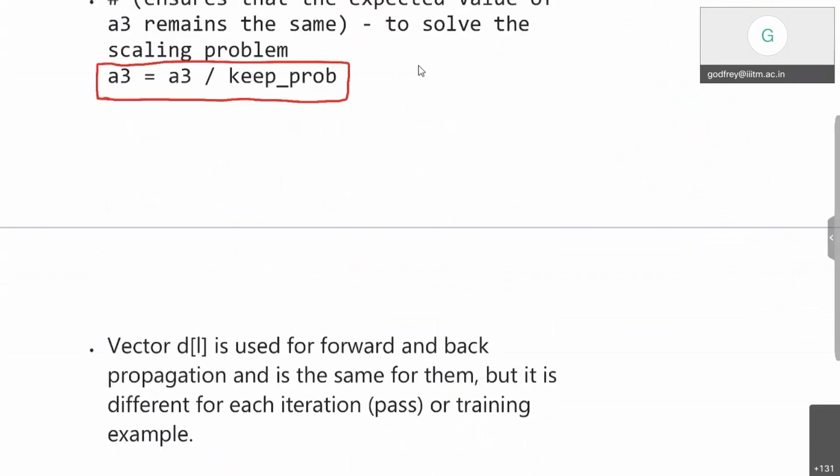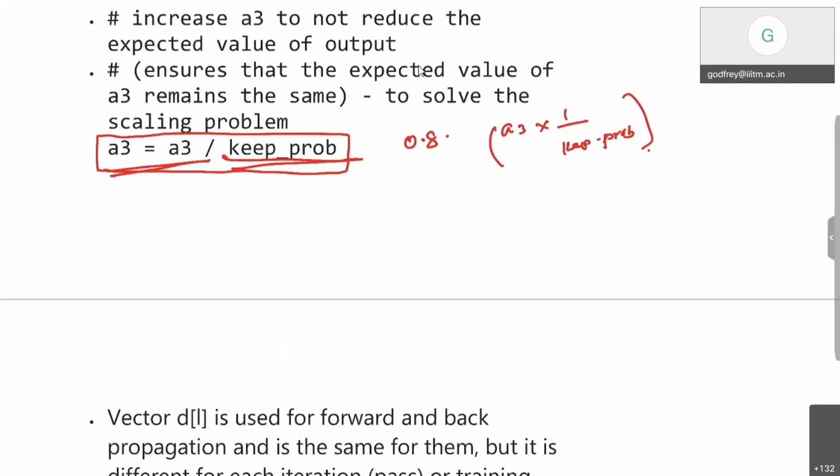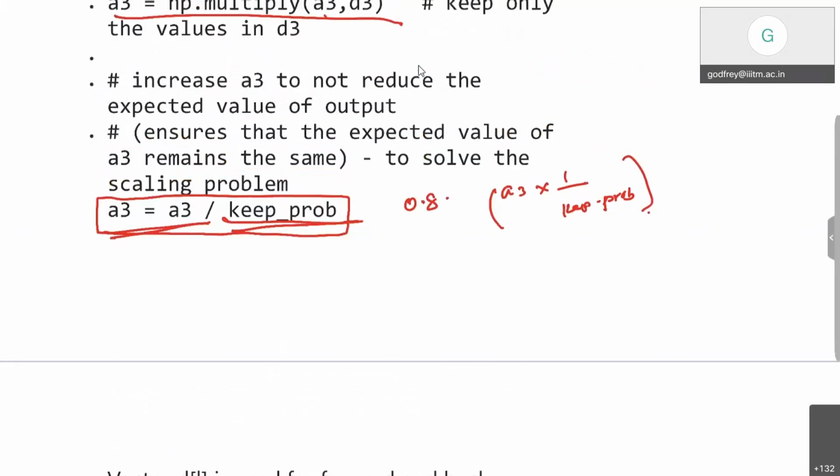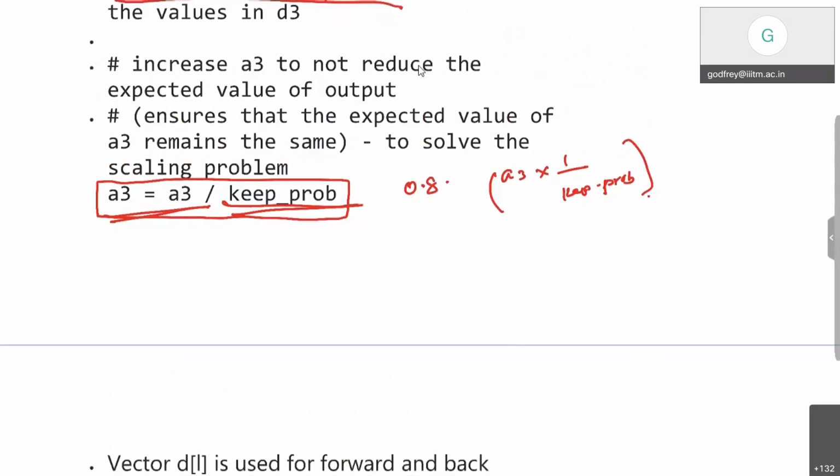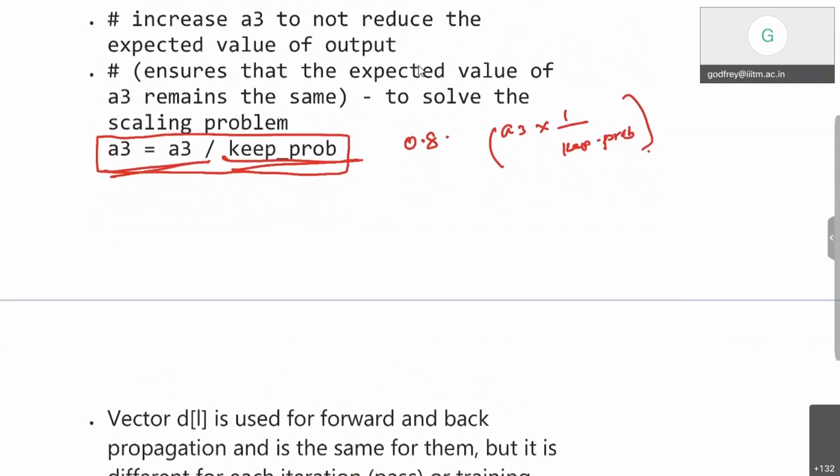Say for instance, if keep_prob was 0.8, after performing this step, you multiply all the other activations by 1 divided by keep_prob, so you multiply all the other neurons by this. That is how you perform inverted dropout.